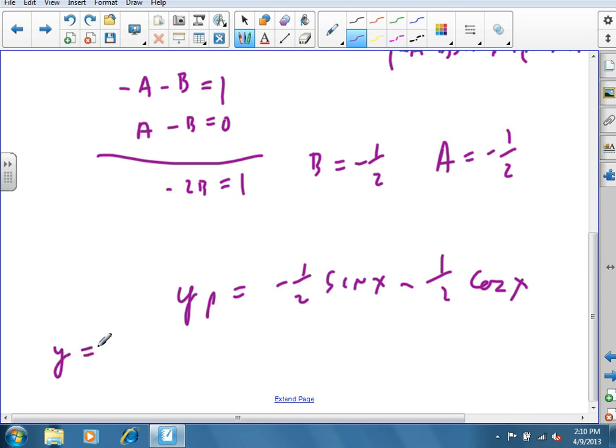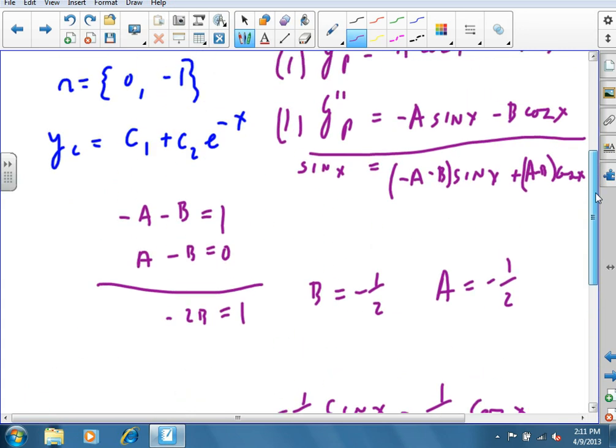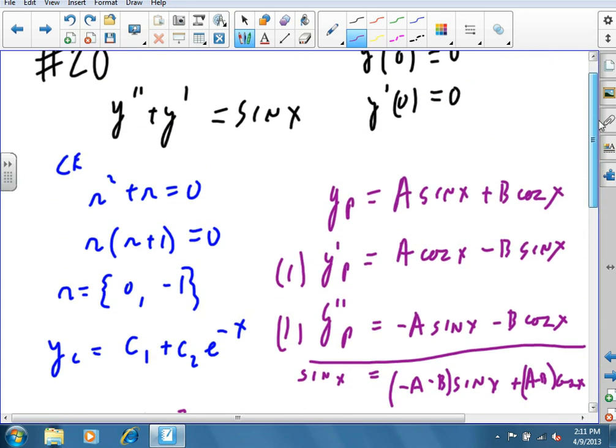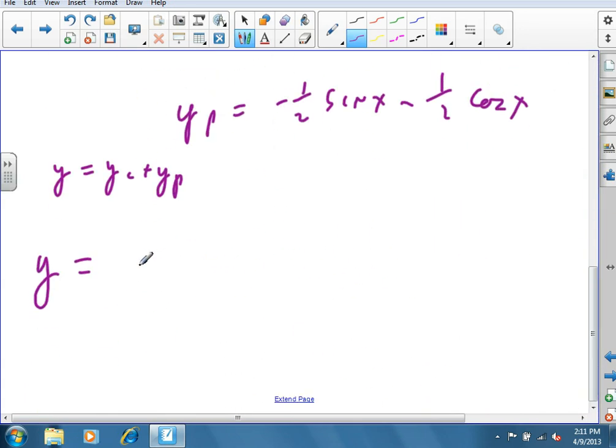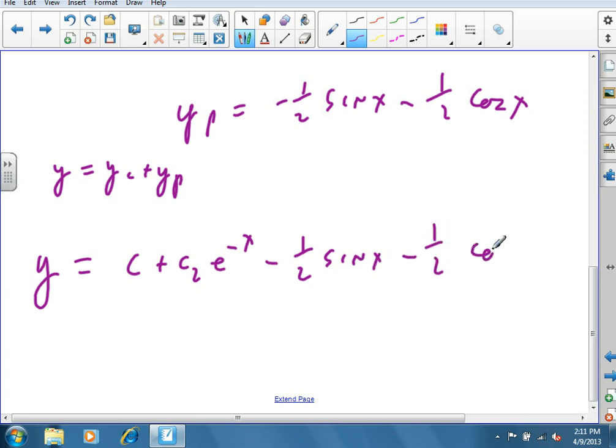And my final answer, y sub c plus y sub p, is going to be y is equal to c1 plus c2 e to the minus x, minus 1/2 sine minus 1/2 cosine.